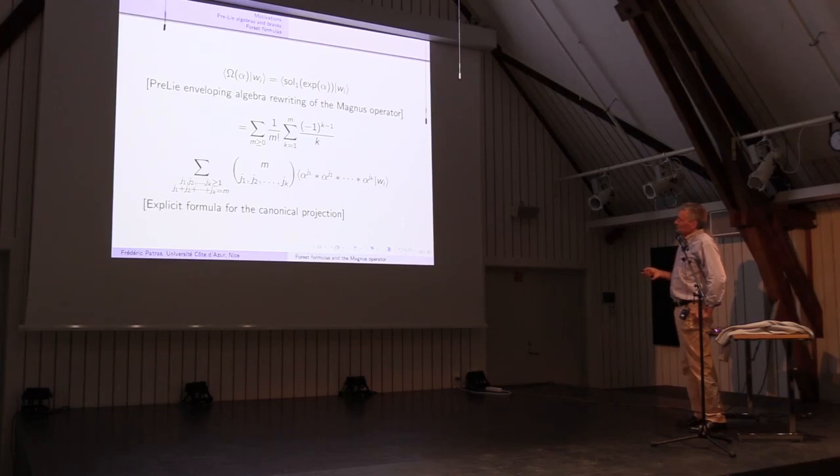You do the computation by duality, so by looking at the action of omega alpha on the dual algebra. I know that I can compute this Magnus operator as the composition of the projection from the enveloping algebra to the Lie algebra, composed with the commutative exponential in the algebra of polynomials over my Pauli algebra. I pair with the element omega I.